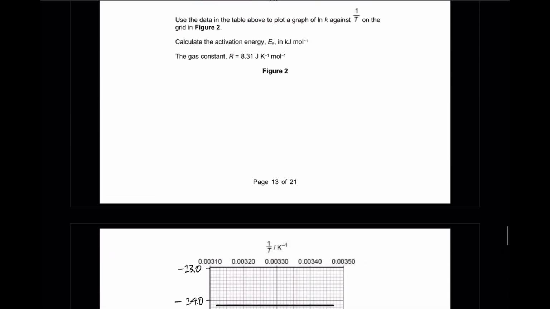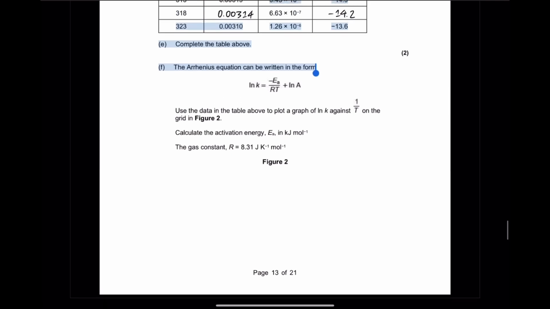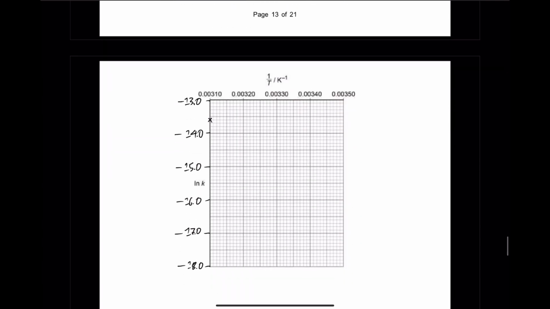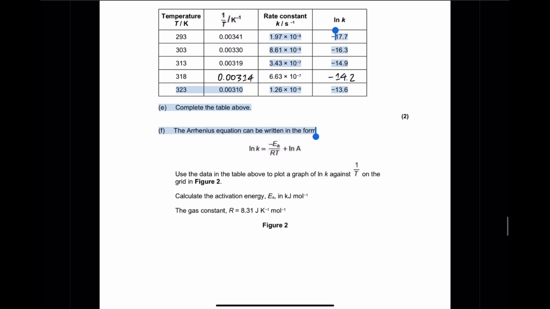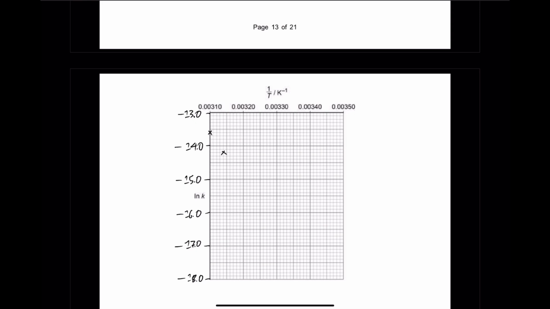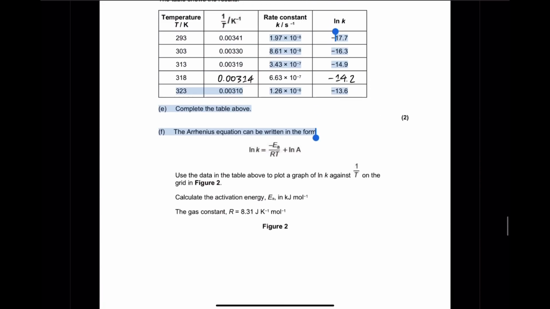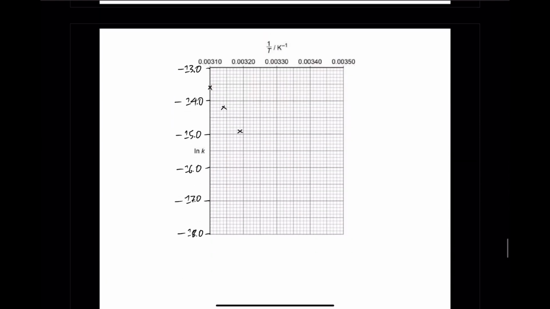Minus 13.6, then minus 14.2 and 314. Minus 14.9 at 319, minus 16.3 at 330.